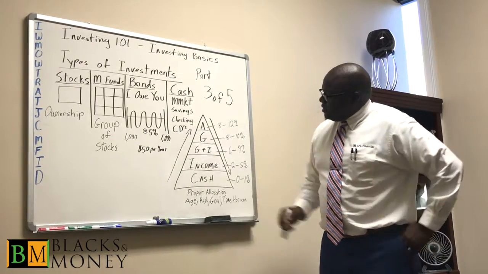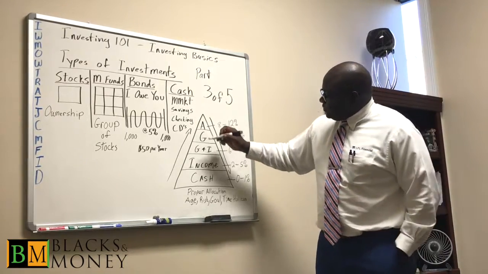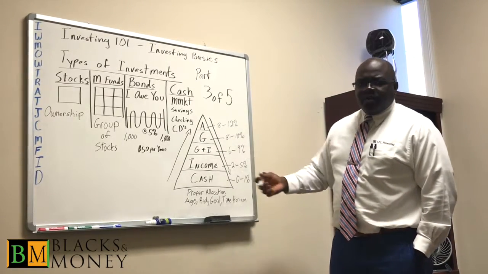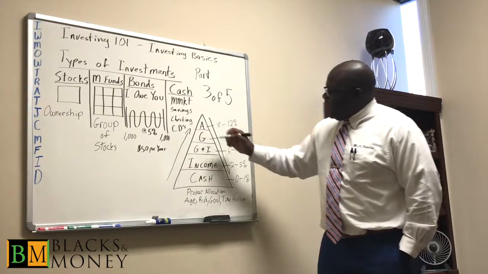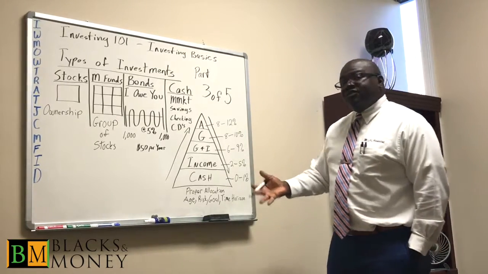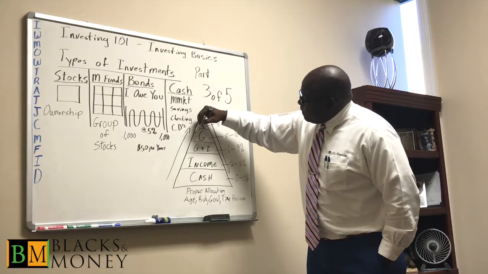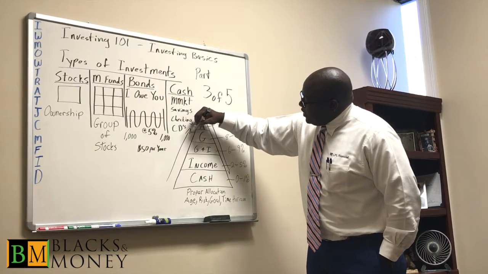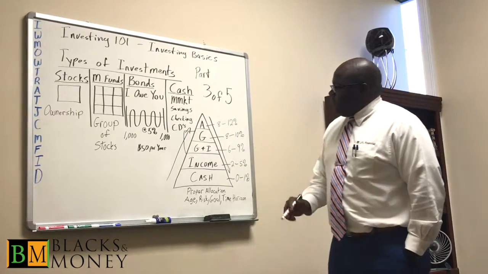Now this pyramid can be used for a lot of different illustration purposes. Say you're a very young person, you're 25, just got your first good job. How are you going to allocate your money? Well, I don't know you personally, so you can't take this information personally. But a good example would be you would have a lot of growth investments down to some growth and income investments.